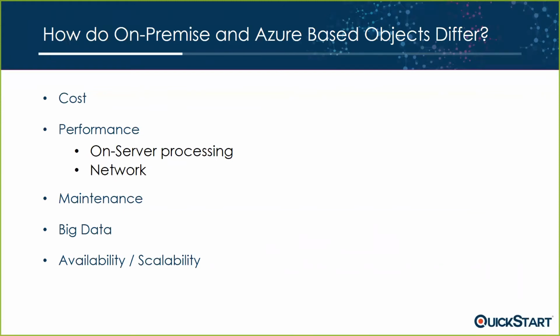You also have quite a bit better, in most cases, availability. Microsoft works on a 99.5% availability rate. And I would say in all my experience, it's much higher than that, but that's their kind of base guarantee.